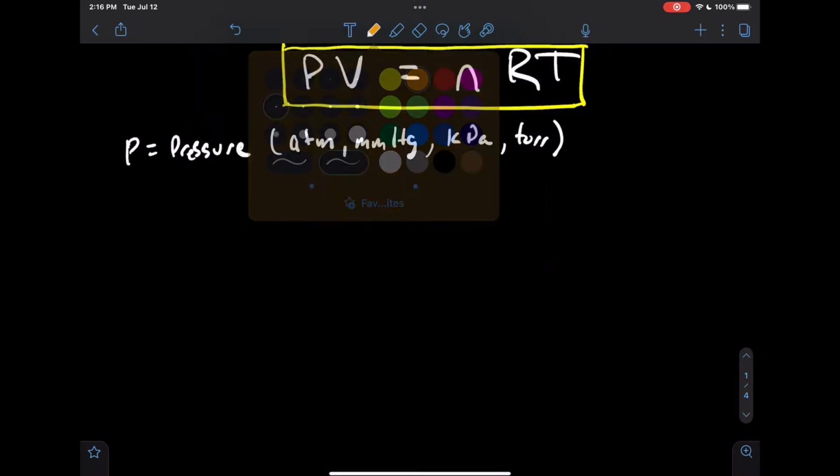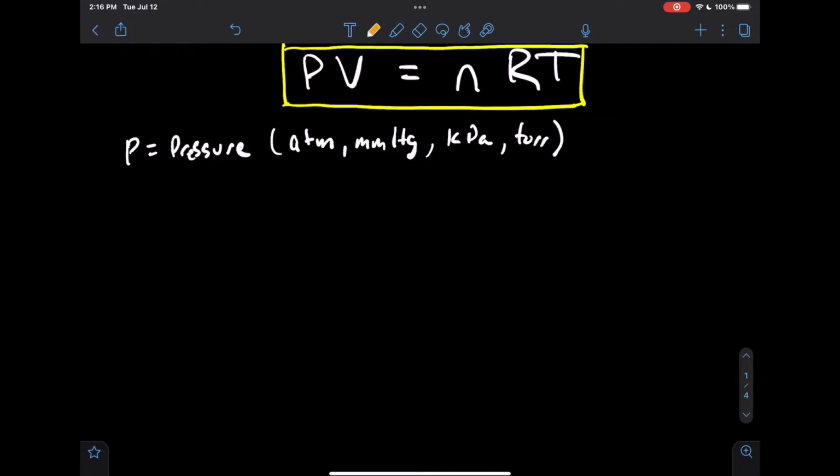Now, to convert between these four different pressure measurements, we know that 1 atm is equal to 760 mmHg, which is also equal to 101.3 kPa, which is equal to 760 torr.